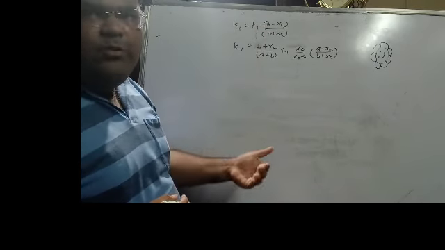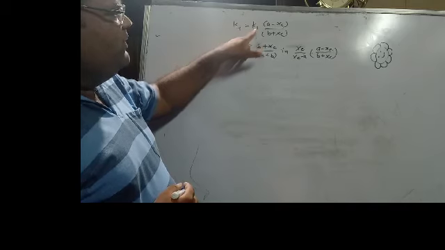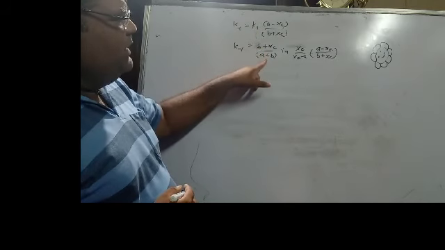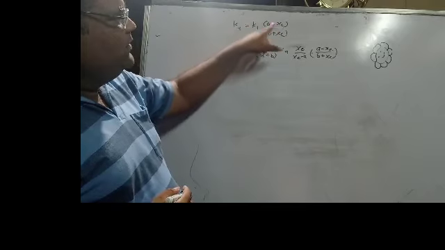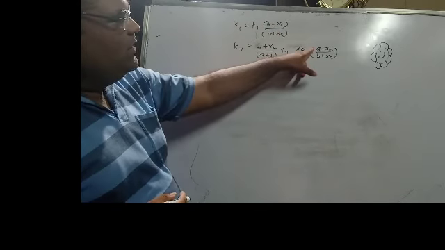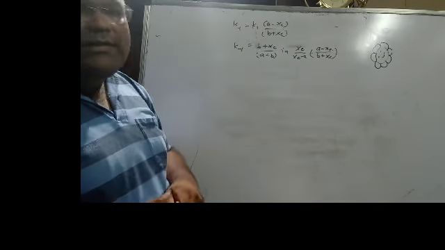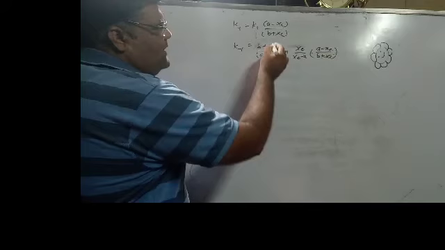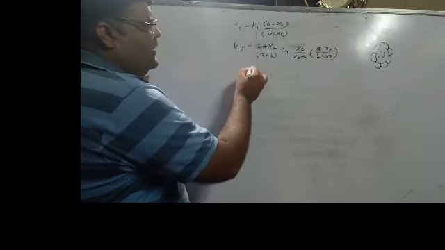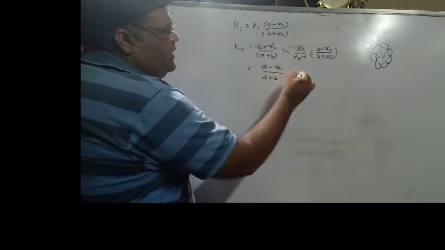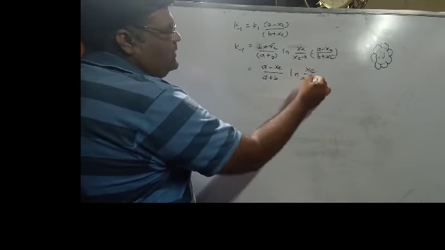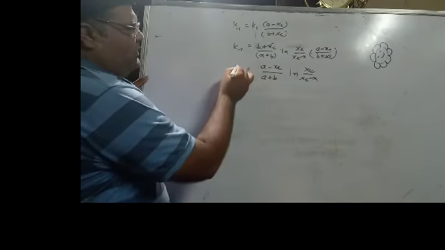Here from equation number 5 we have substituted the value of k1, and this factor stays as it is. So (b + xe) will be cancelled out, and we get (a − xe)/((a + b)t) into ln xe/(xe − x). That is the value of k minus 1.